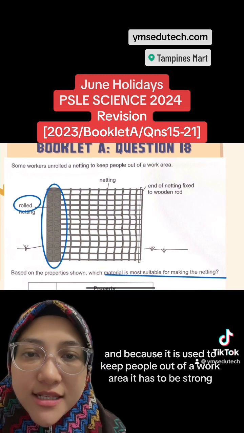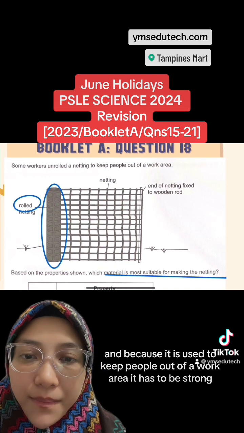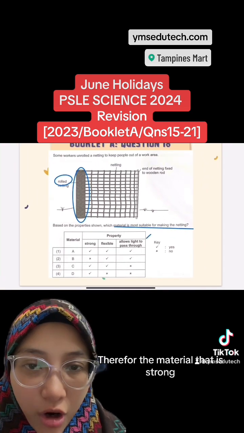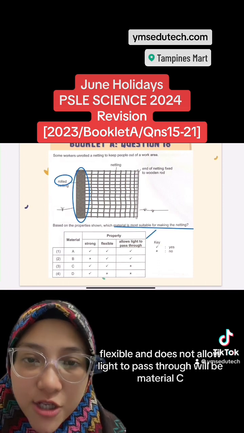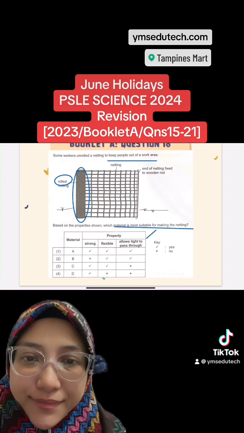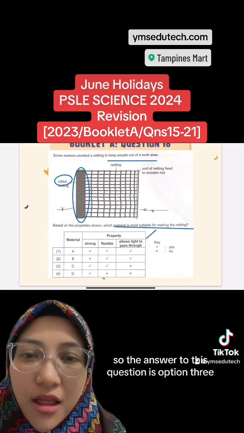And because it is used to keep people out of a work area, it has to be strong. Therefore, the material that is strong, flexible, and does not allow light to pass through will be material C. So the answer to this question is option 3.